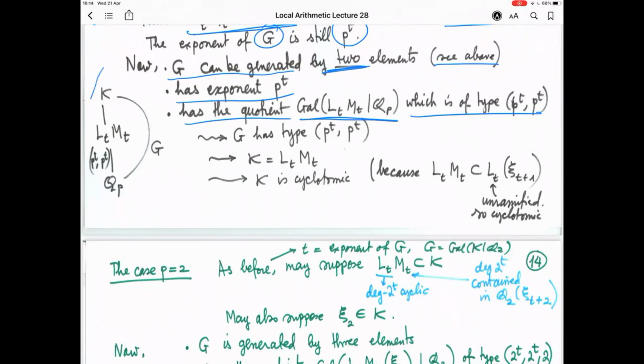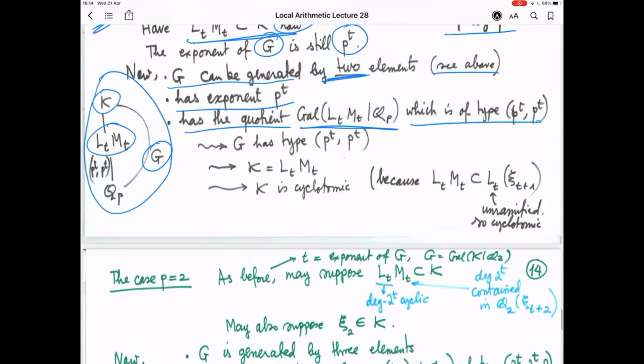Here's the picture. First, we assume that K contains this extension. We can do that because we want to prove that K is cyclotomic, and if K adjoined L_t M_t is cyclotomic, then of course K is cyclotomic. When we adjoin L_t M_t, we continue to get a Galois extension, and the Galois group continues to have the same exponent p^t. Then there is this intermediate extension.